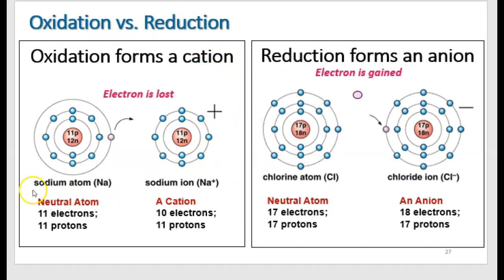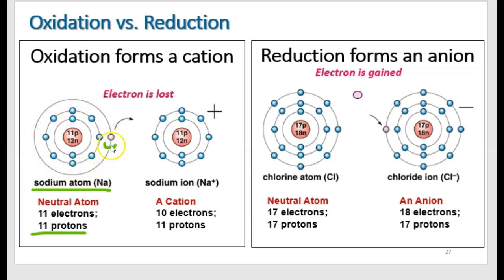So we're going to start off with a neutral sodium atom here. And sodium has an atomic number of 11. It has 11 protons. So that means it also has 11 electrons. That would leave just a single electron out here in the valence shell all by itself. It's more efficient energy-wise to lose that than to gain 7 to make this orbital stable.